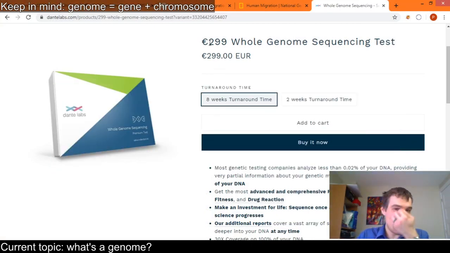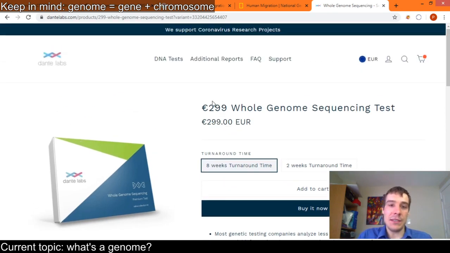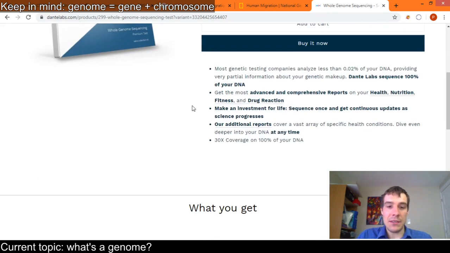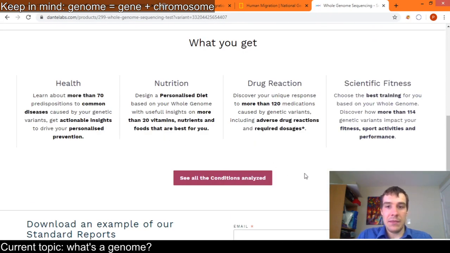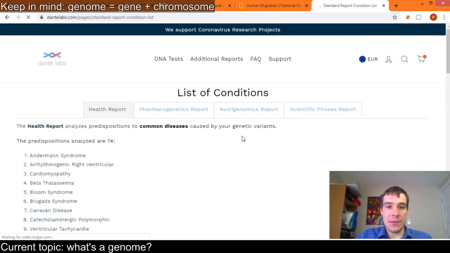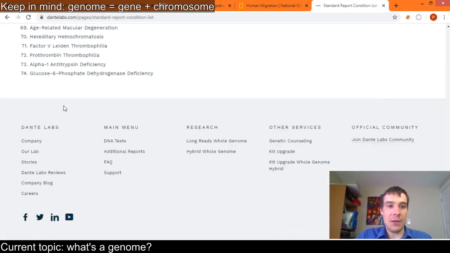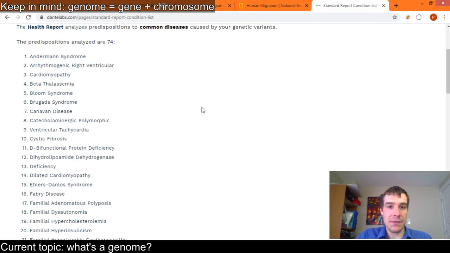If you don't have $1,000 lying around, you can spend €300, and that'll be 8 weeks. So it'll take 8 weeks to get your genome. Yeah, you have to wait a whole 2 months to get all 3 billion bases, and you get a whole range of things that they'll check for, all these different diseases and stuff.